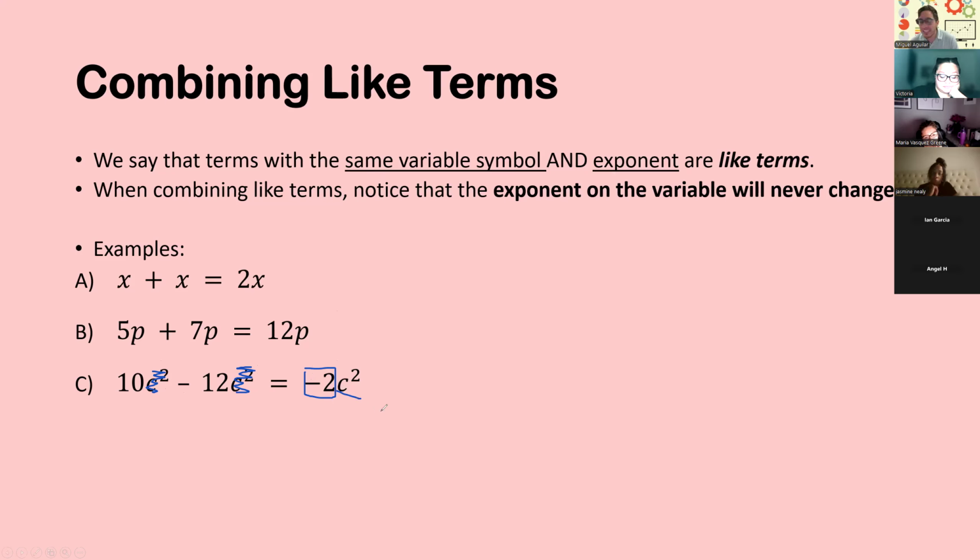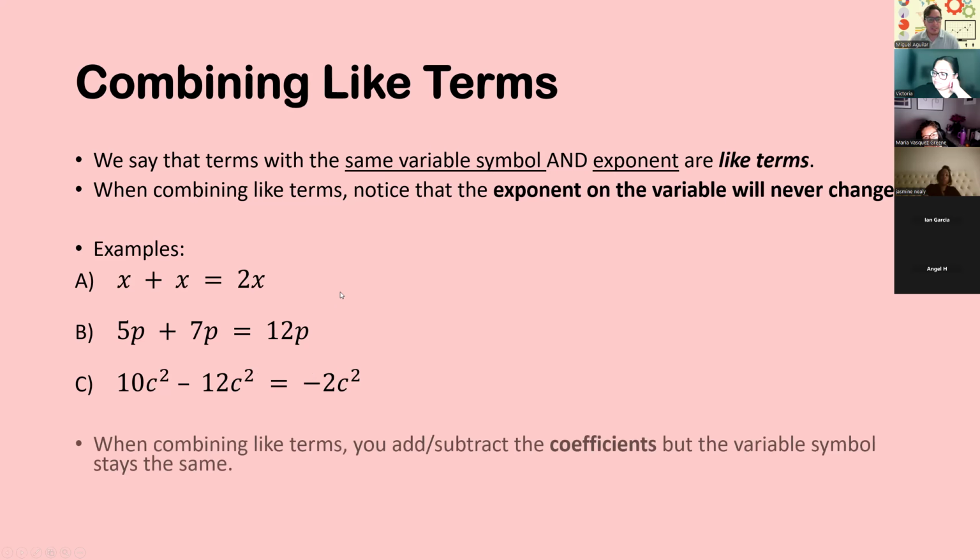That's it. So when combining like terms, you're essentially just adding or subtracting the coefficients, but the variable symbol stays the same. So combining like terms is the same as addition or subtraction.